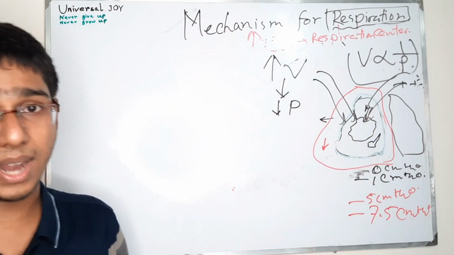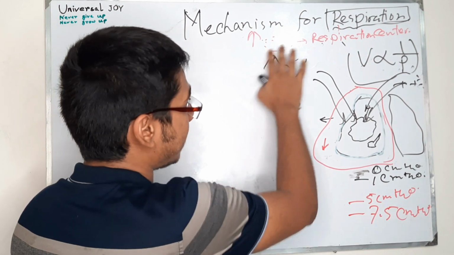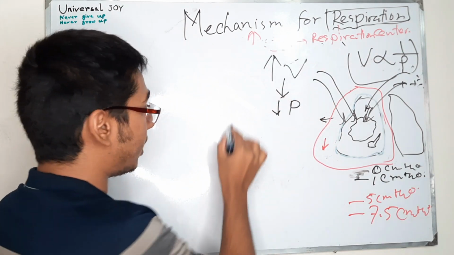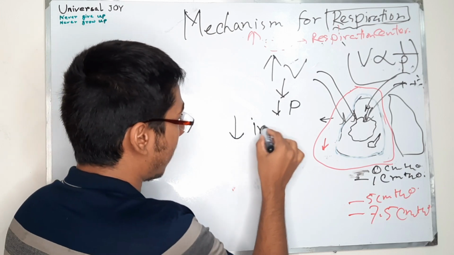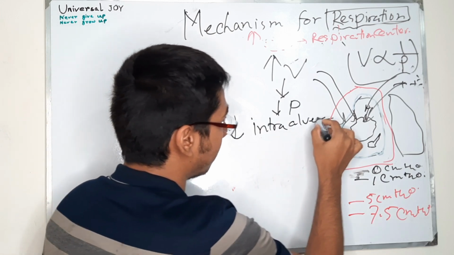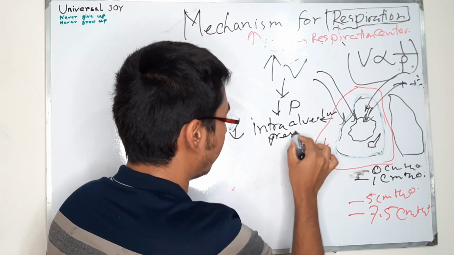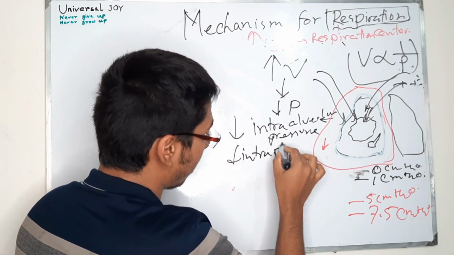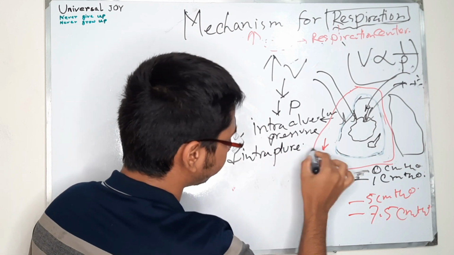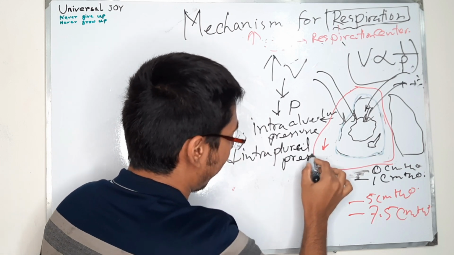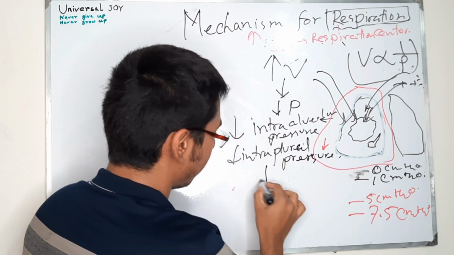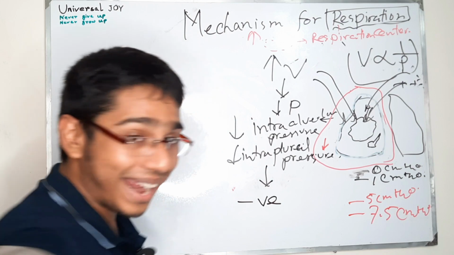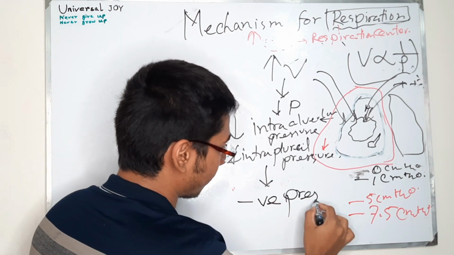through the respiratory tract. That means this increase of the volume and this decrease of the pressures, which consists of decrease in the intra-alveolar pressure and decrease in the intrapleural pressure, ultimately generates more negative pressure in the lungs.